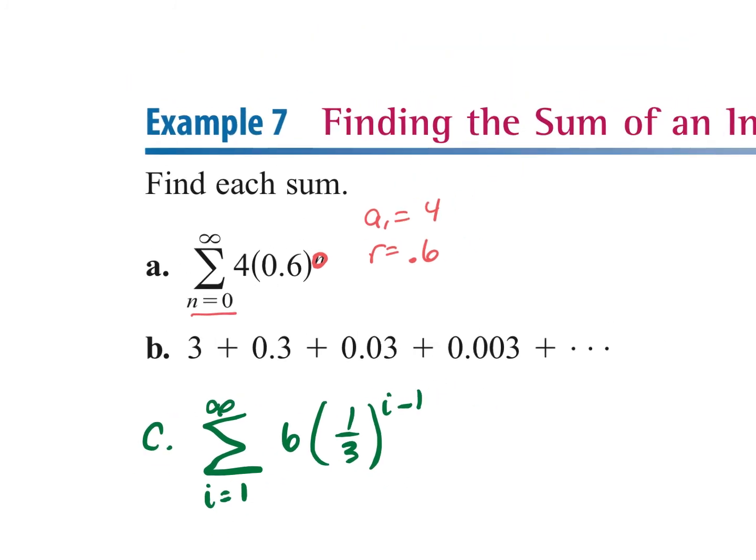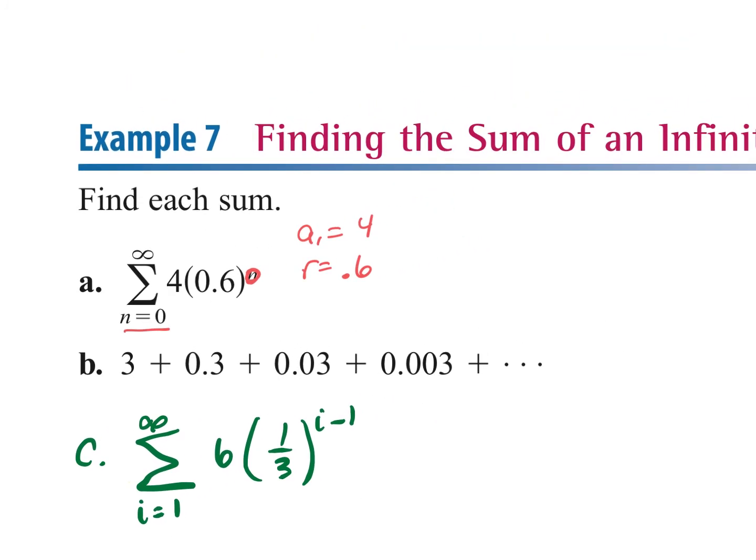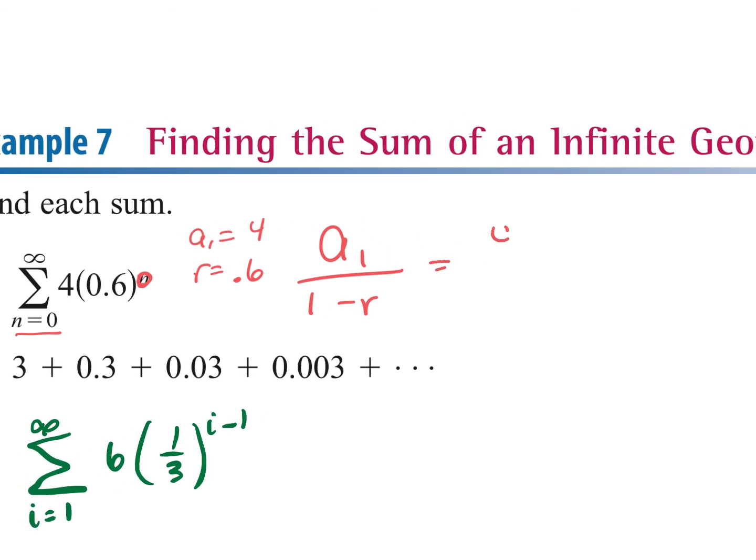So what's my formula? If it's infinite, what's my formula? It's a1 over what? 1 minus r. So it'd be a1, which is 4, over 1 minus 0.6, correct? So do that in your calculator. Again, we started with a decimal, so you can have a decimal answer.